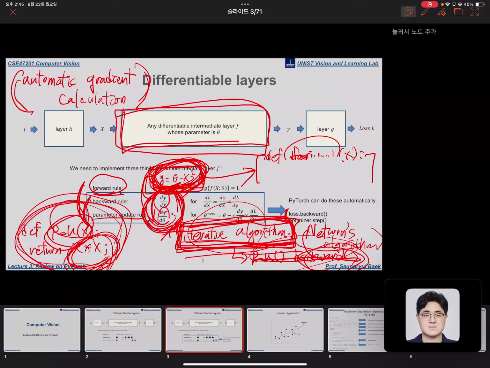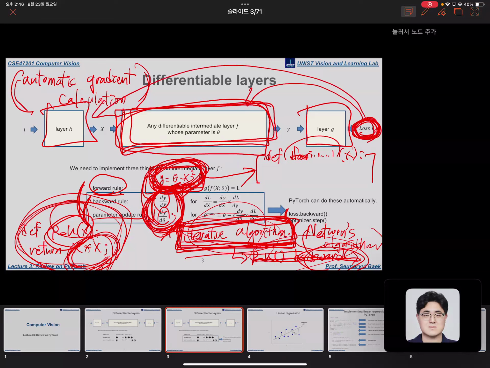So for each layer, the backward rule and parameter update rule are calculated by this iterative algorithm. And by merging these layers, you eventually have to calculate the differentiation of the loss with respect to each layer's parameters. That part uses the backpropagation algorithm based on the chain rule. We actually learned about that last class.